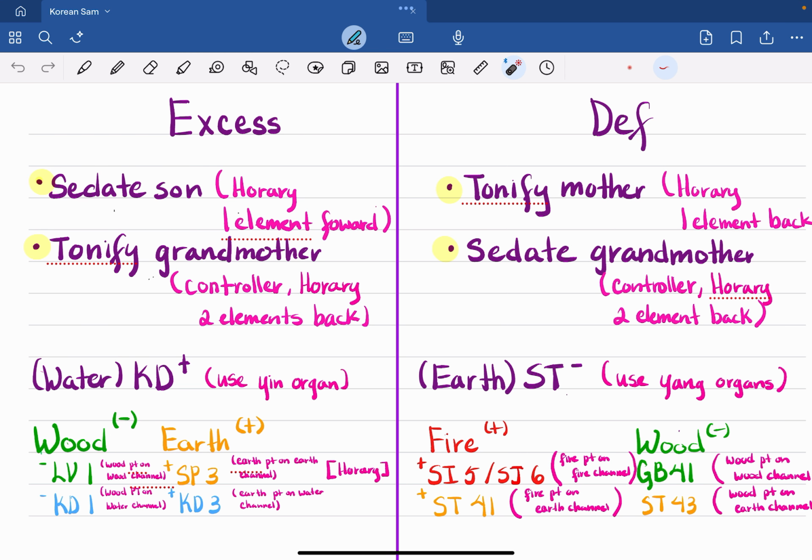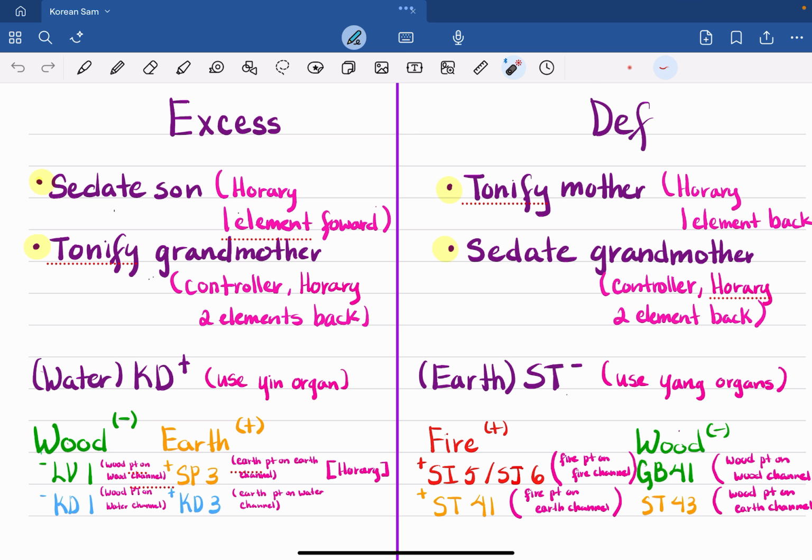Now how do we pick out the points? In order to satisfy the first rule, sedating the son, we need to find the horary point of the player in this case, which is wood. So that's why we have wood right here. Knowing that we're dealing with an excess condition, however, for a yin organ, we have to use yin organs for the earth and the wood.